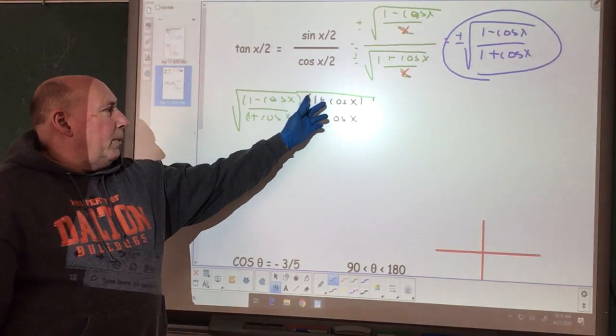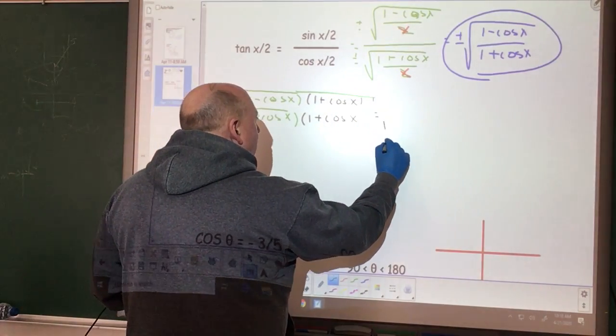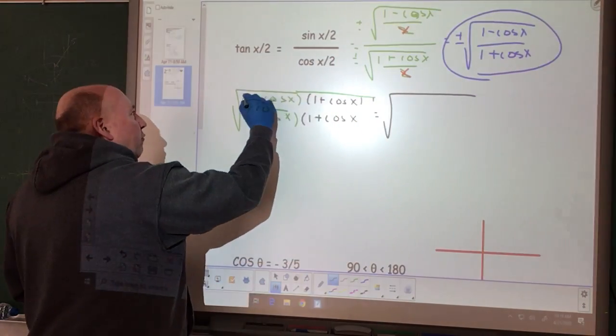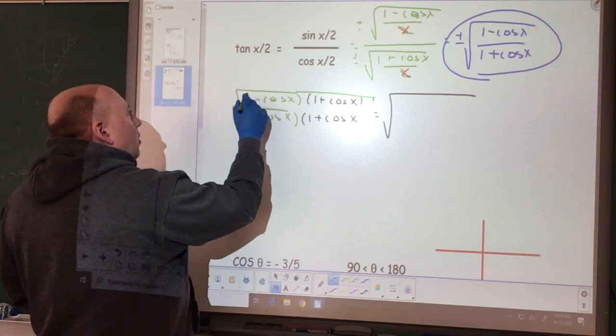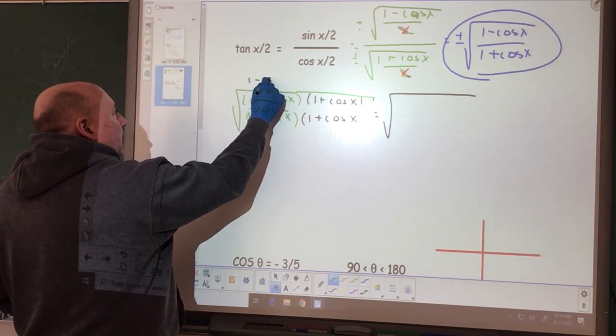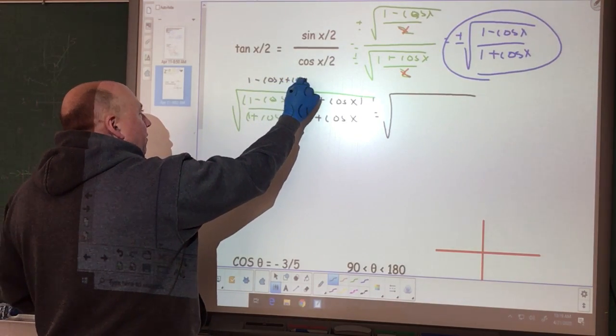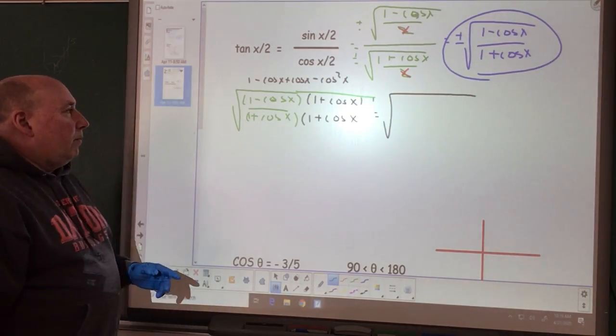Okay, so if we multiply top and bottom by 1 plus cosine x, what we are left with, if we FOIL this out, we have 1, this is binomials, minus cosine of x plus cosine of x minus cosine squared of x.